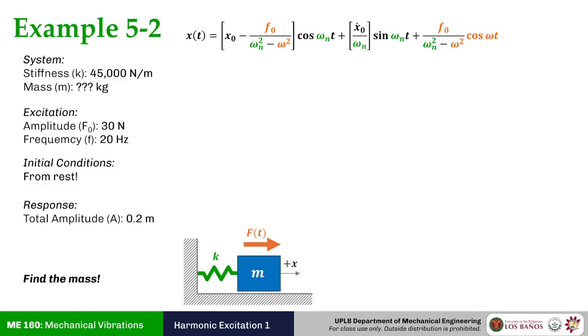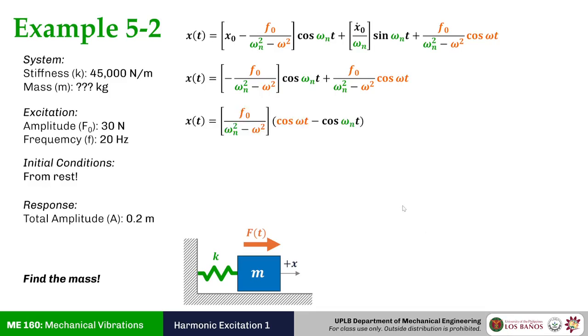There is a way, but first let's try to simplify our response. We know that the initial conditions are actually nil, so we can remove some terms here. The second term is totally gone. This is all that we have. And if you notice, we have similar fractions, so we can just group the two cosine terms together. Here we go.